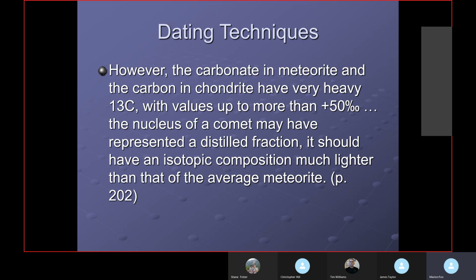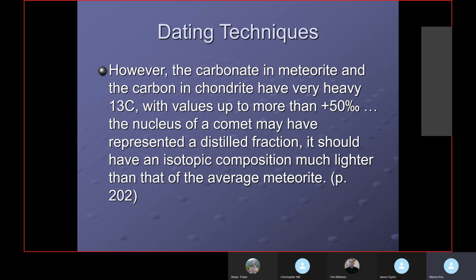They have very heavy carbon-13. And the nucleus of the comet may have represented a distilled fraction. That is, the heavy stayed with the comet and the lighter was distilled off as it came close to the sun or some star, in our case the sun. The heat would cause the lighter carbon to be accelerated away and lost to the comet.